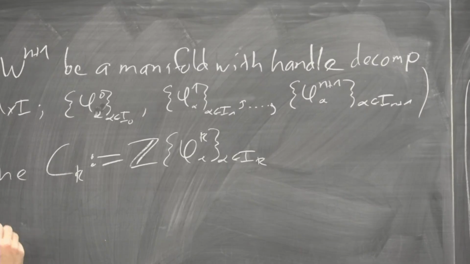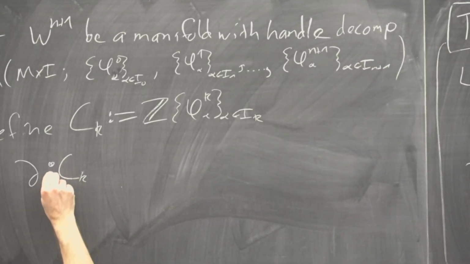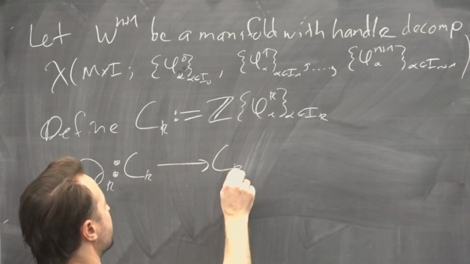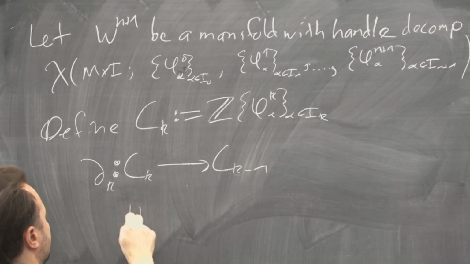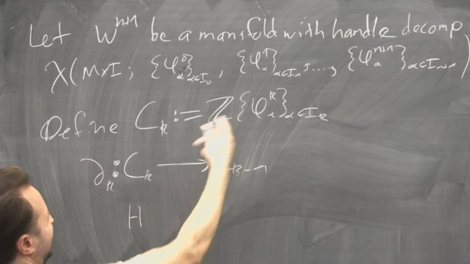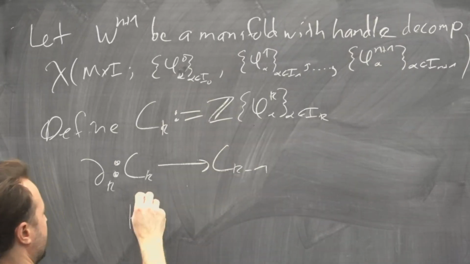We're going to define a boundary operator going from K handles to K minus 1 handles. I'll just denote, being loosey-goosey, talking about embeddings versus the actual geometric piece.